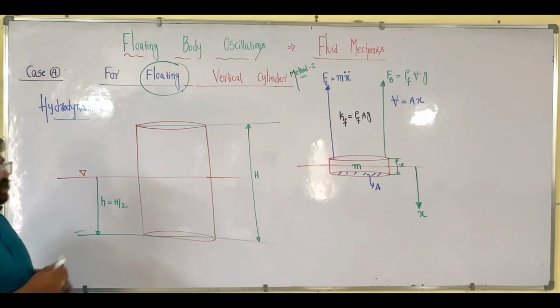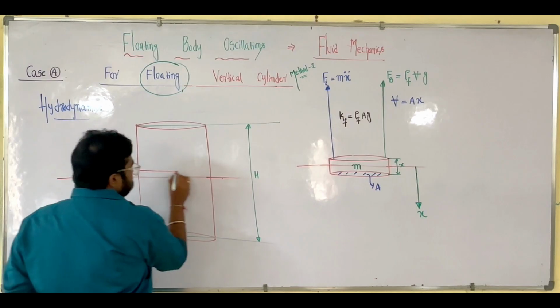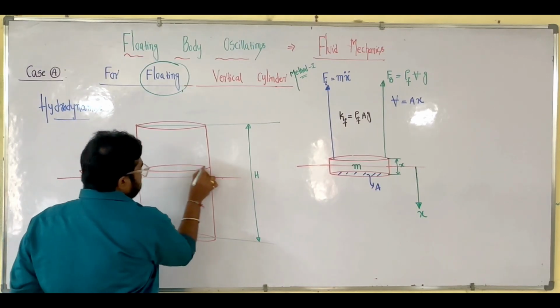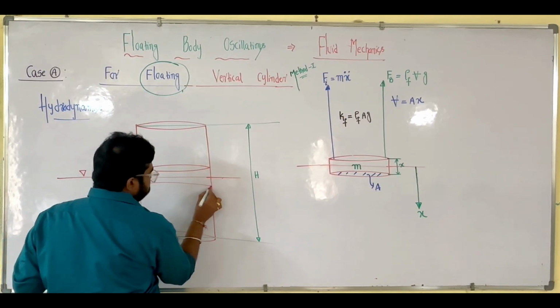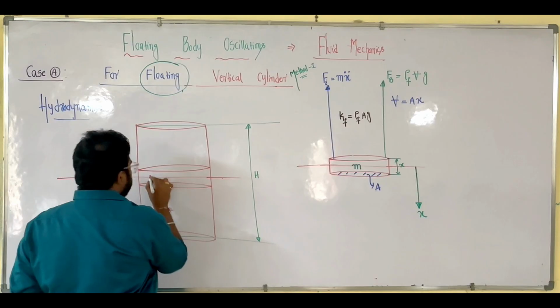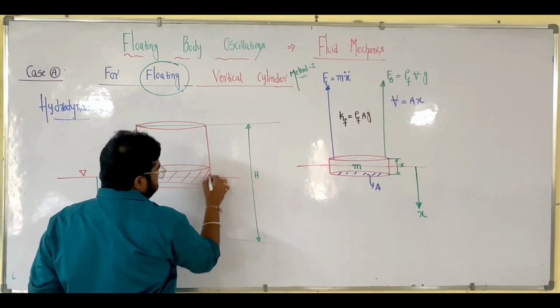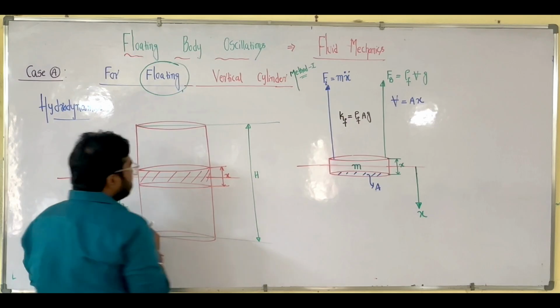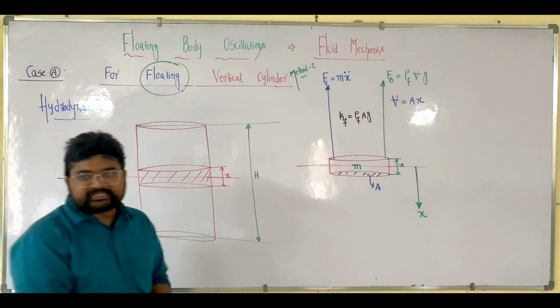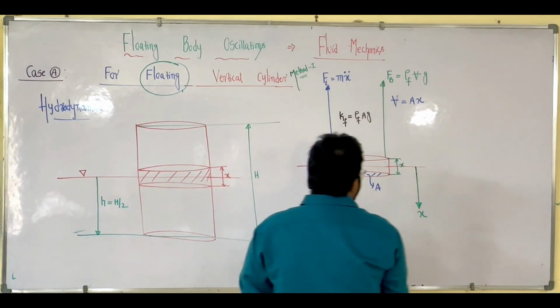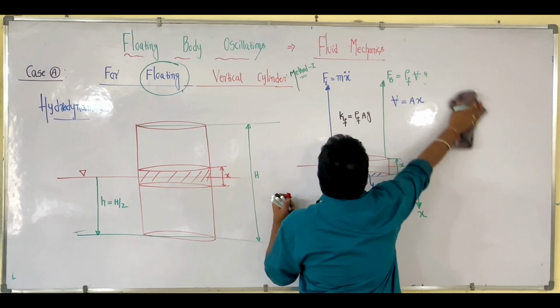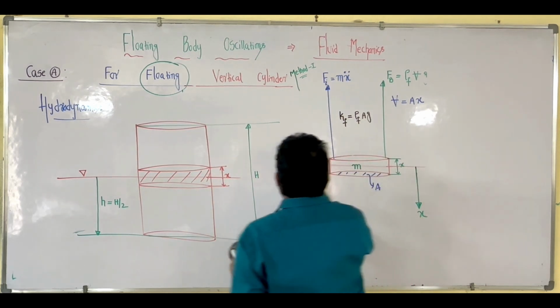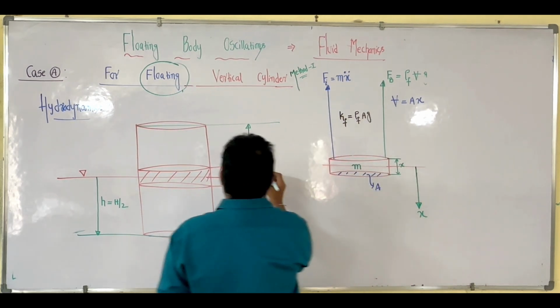Project the area onto the free surface. This is x. The mass of the element is M.